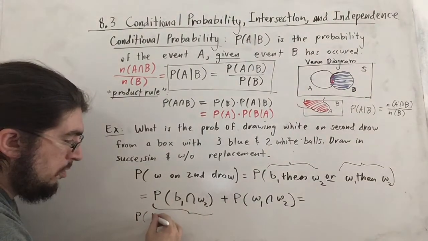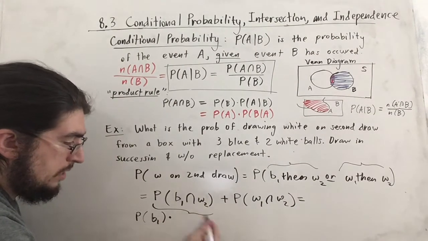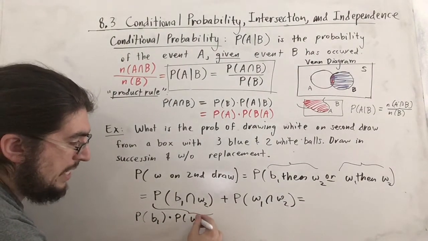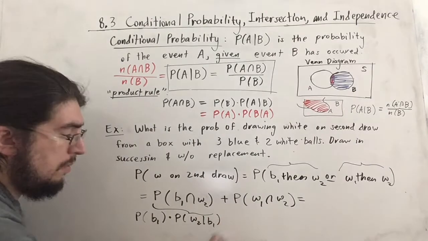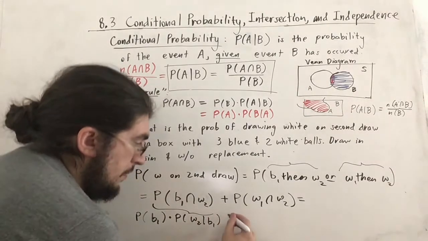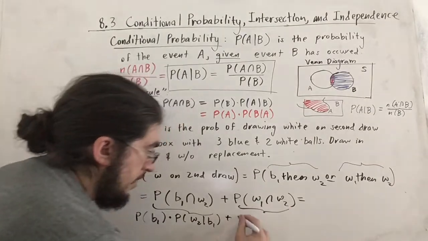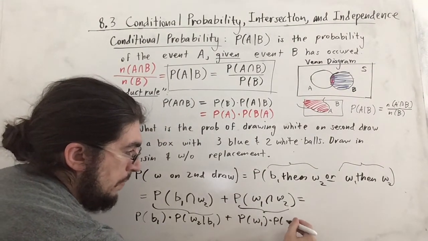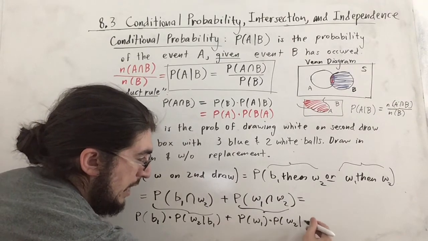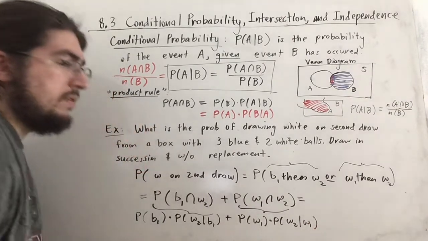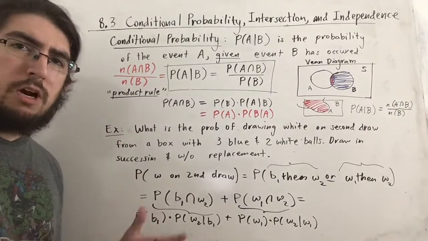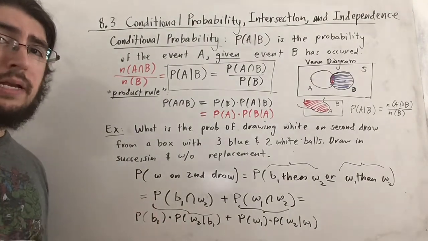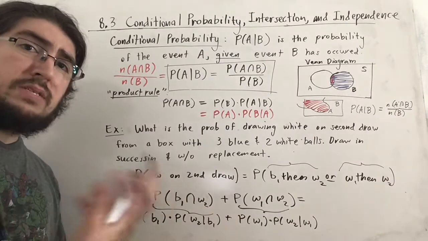So we multiply by the probability of drawing white, given the fact that we drew blue on the first one. Similarly for this one, it's the probability of drawing white on the first, multiplied by the probability of drawing white on the second, given that we drew white on the first. I know that sounds a little bizarre, but once I write these out as fractions, you'll see what I mean.